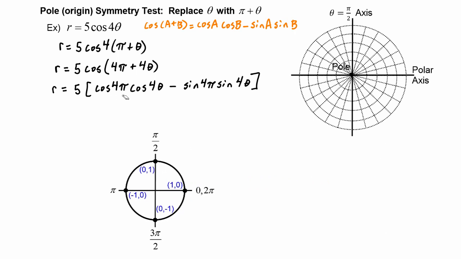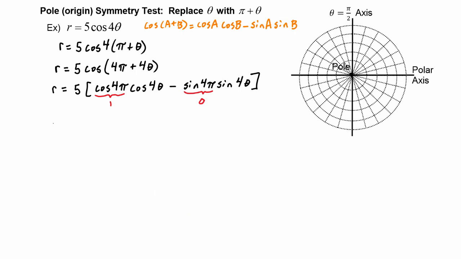We know that 4 pi is coterminal with 0, so the cosine of 4 pi is equal to 1, and the sine of 4 pi is equal to 0.